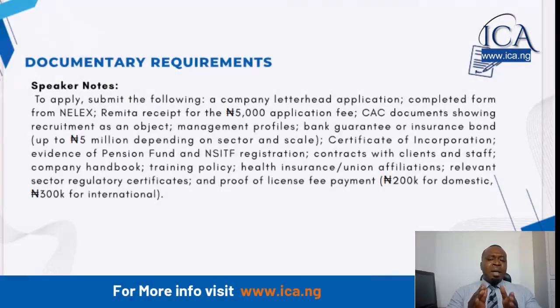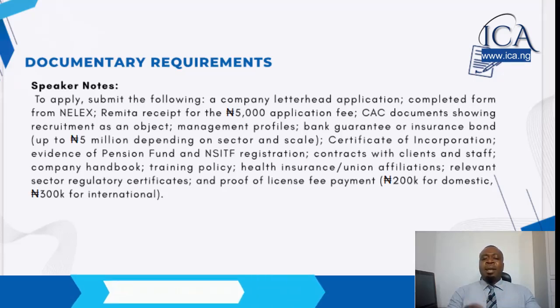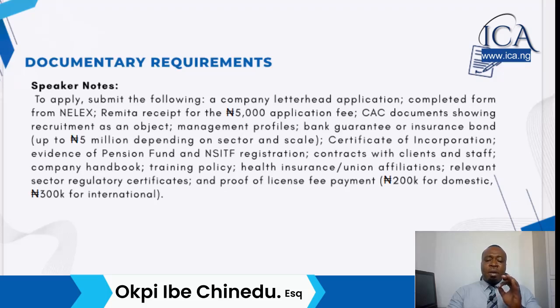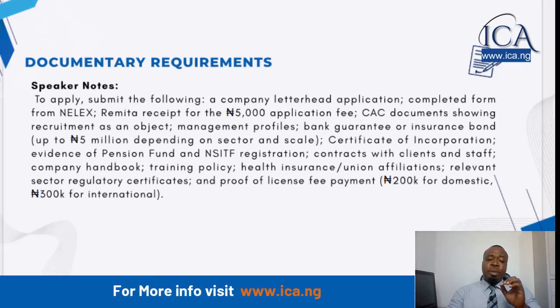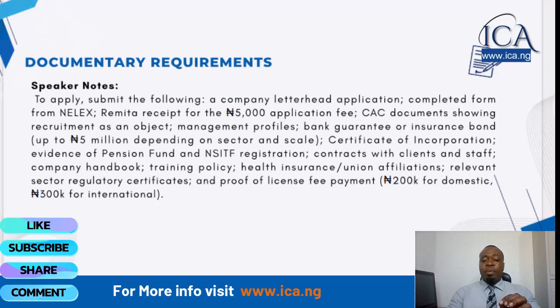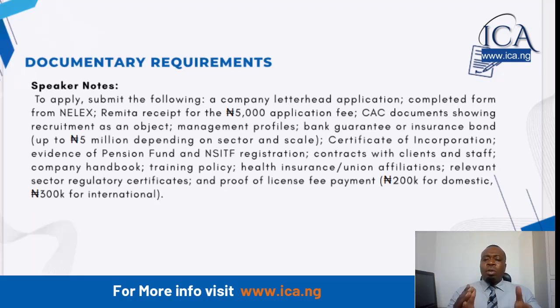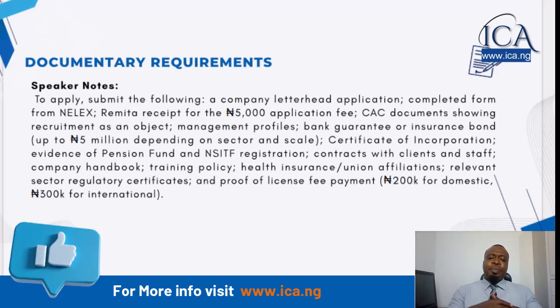And mind you, your memorandum and articles of association must show recruitment as an objective of the business. It has to be the principal objective of your business, so that everyone will not be in doubt as to exactly what your company is into. After you have done that, your management profile has to also be attached.